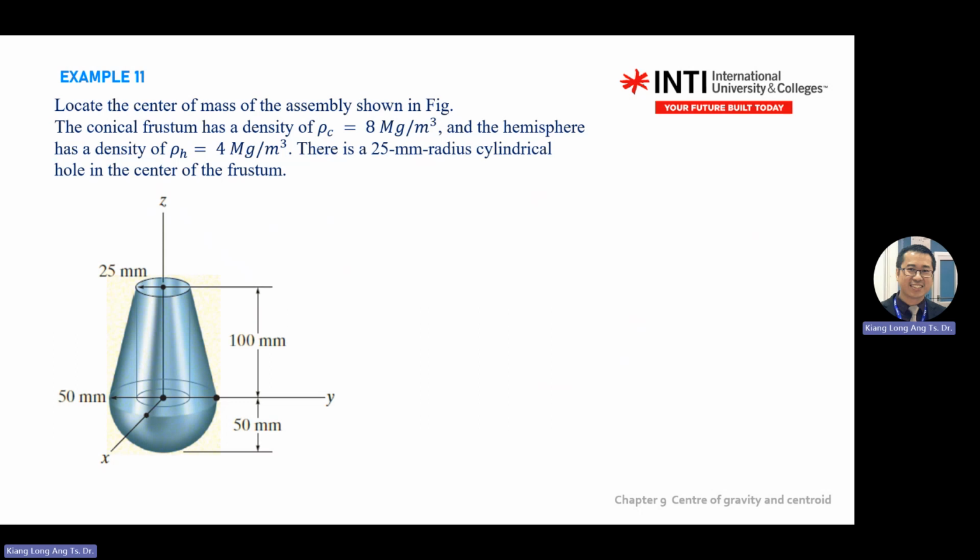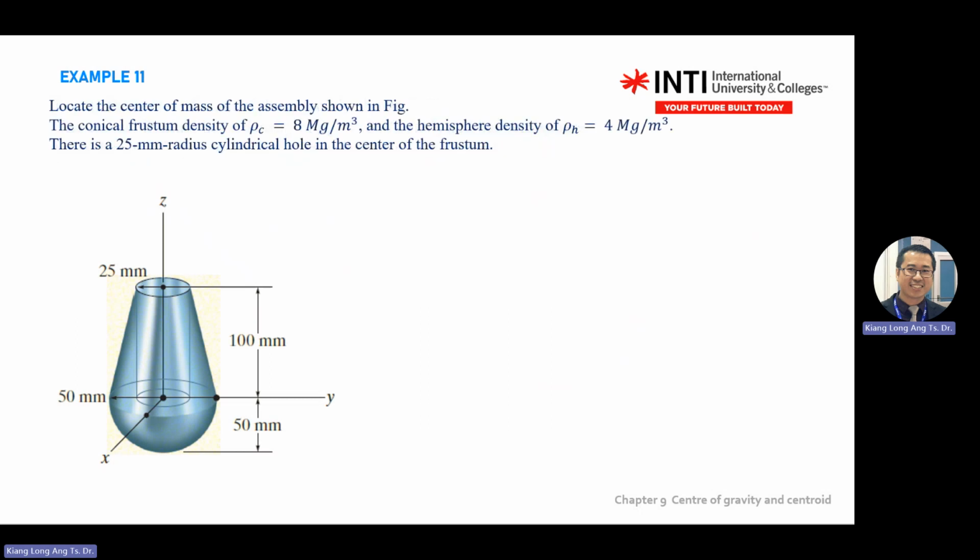This is not a good diagram. It should give you the hidden line here. If you study technical drawing, it should show you the hidden line, so that it shows this is a hole. So basically, how you build this object: you take a half sphere, combine with the big cone to get the total volume, minus the small cone, minus the small cylinder. Then you get this shape.